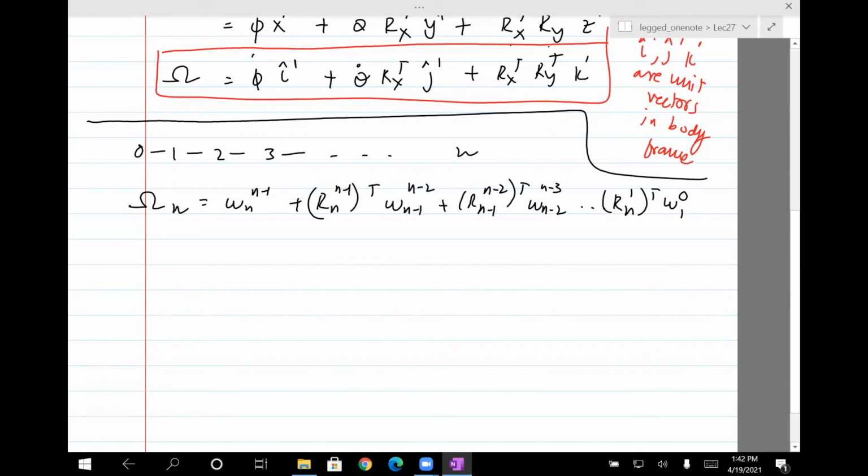But the best thing you can do is to actually use this recursively. That way it's much easier to remember, write, and useful for derivations, because you have to find the angular speed in body frame for each of those links as you go along a serial chain. So here's how you do it. Angular velocity in body frame 1 is omega 1, 0.